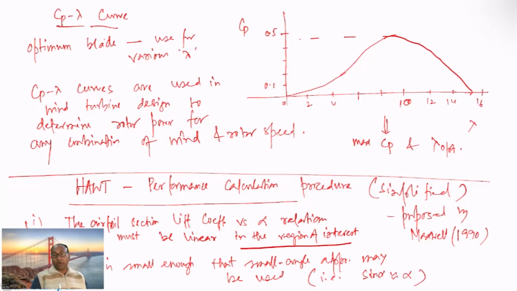So that is very, very important. That means one is that you stay within the linear variation of the CL versus alpha, and then you also say that the alpha is small enough, and then you can use this small angle approximation.